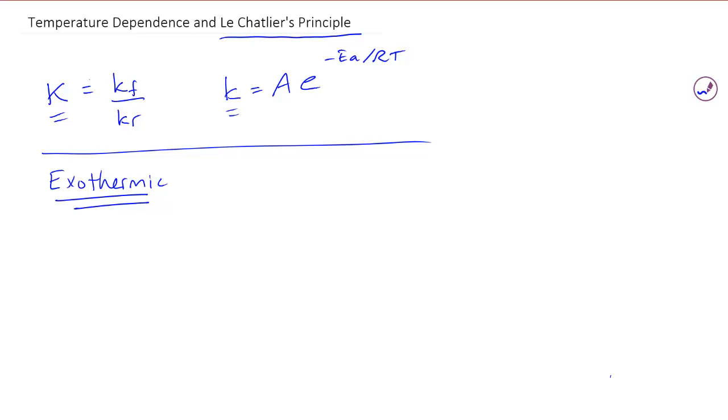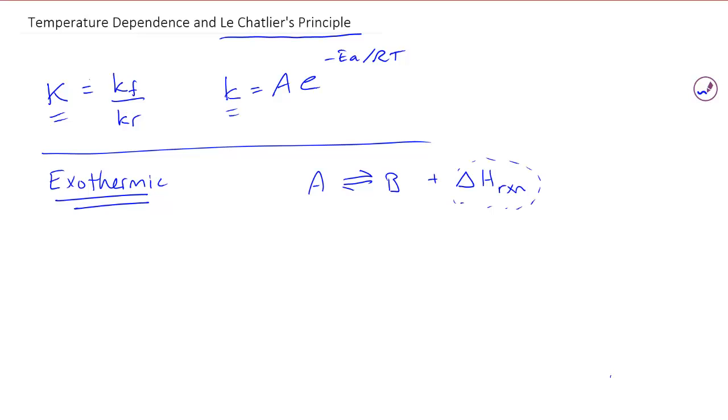If we have a reaction that's exothermic, something as simple as A in equilibrium with some other substance B, then we can write what's called a thermochemical equation, which puts the enthalpy of the reaction as a product. The reason is that an exothermic reaction gives off energy, and that's all we're saying here: this reaction gives off energy.